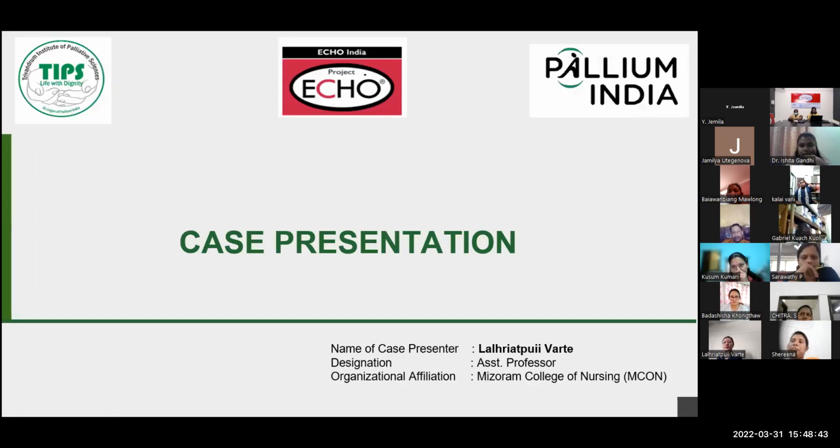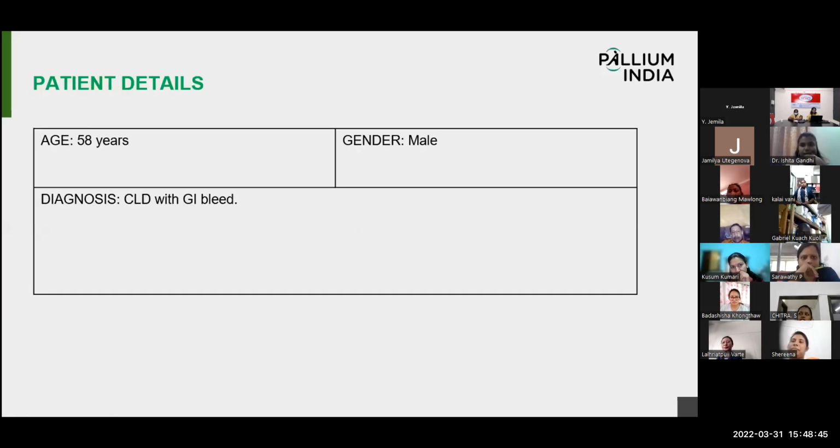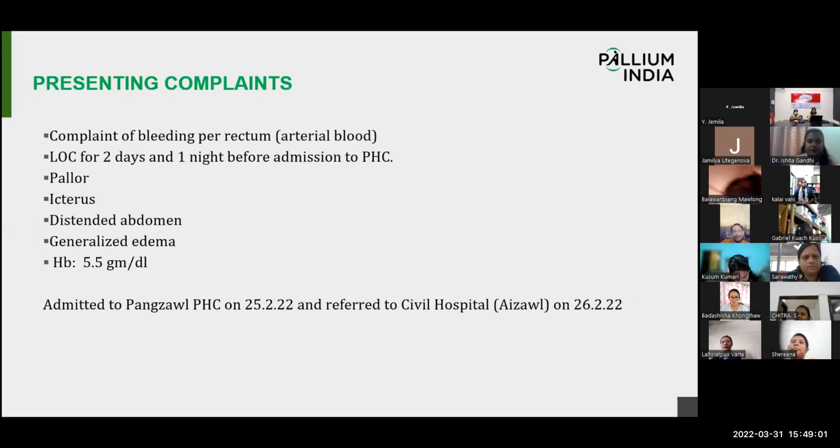The patient details. We have a patient, 58 years of age, male, diagnosed with CLD with GI bleeding, chronic liver disease with GI bleed. The presenting complaints were bleeding per rectum, arterial blood, and loss of consciousness for 2 days and 1 night before admission to the primary health center.